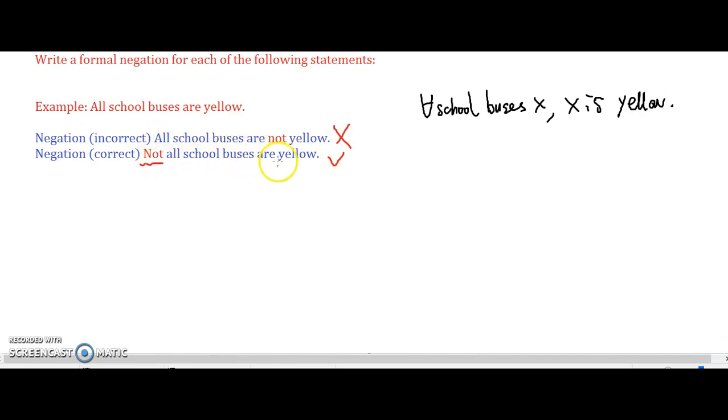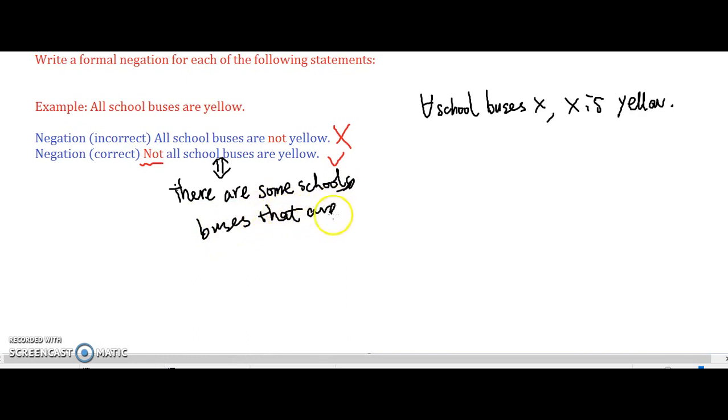Not all school buses are yellow, which means there exists at least one. So this is equivalent to saying there is at least one, or there are some, school buses that are not yellow.